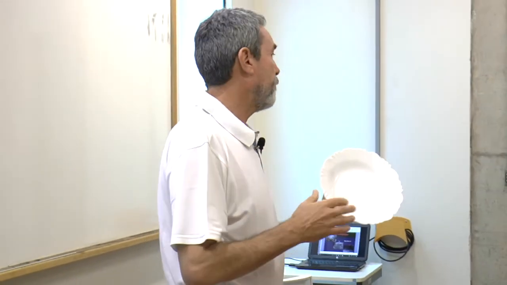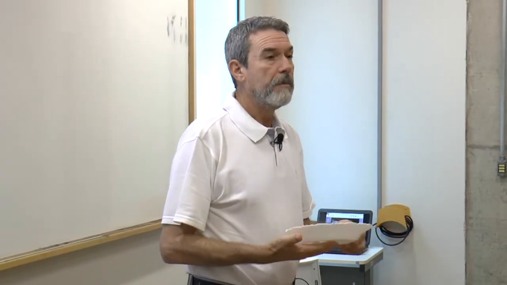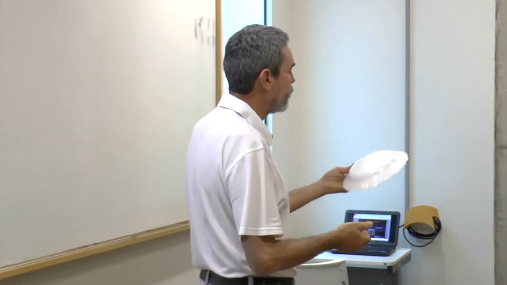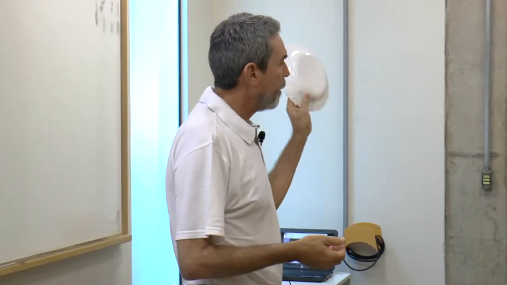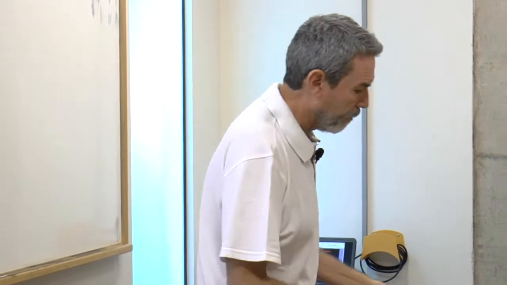So this is used for decorative purposes or for dinnerware like this one. There are a number of opal glasses in the market. So when you see this product here, this is not a glass ceramic. This is an opal glass produced here in Brazil, this particular one.